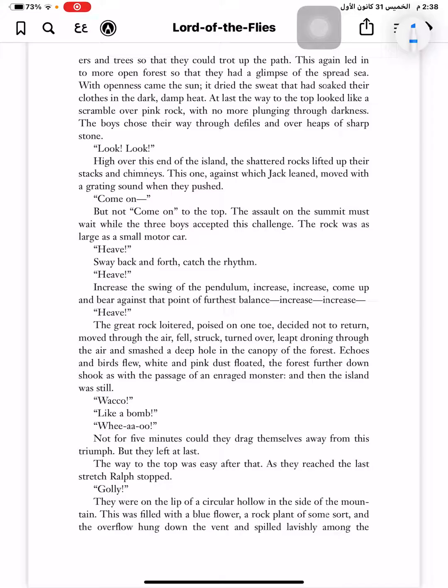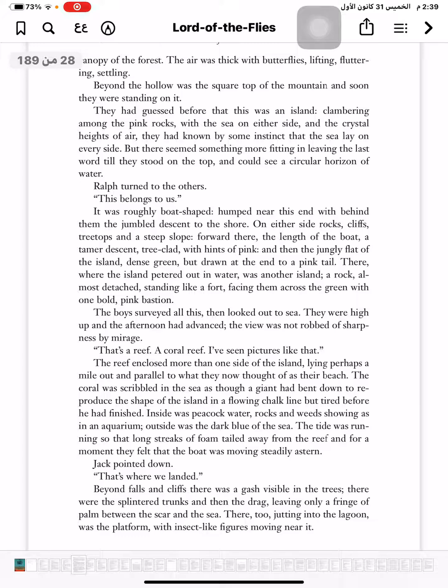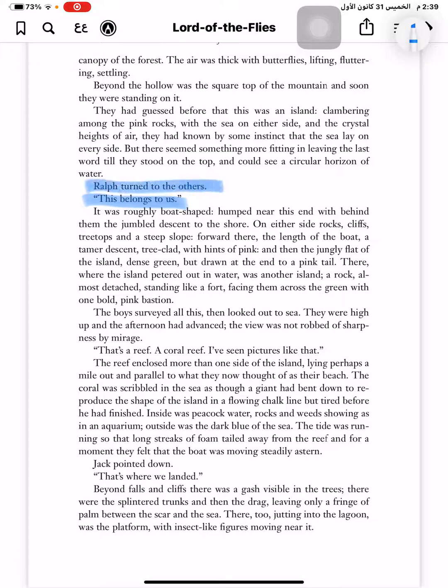From now on, the behavior of the kids shows us that they are trying to be just like the primitive tribes, which is a sign of savagery. Jack said, "Well, get food," cried Ralph, "Hunt, catch things until they fetch us." You see the idea of hunting and catching things.